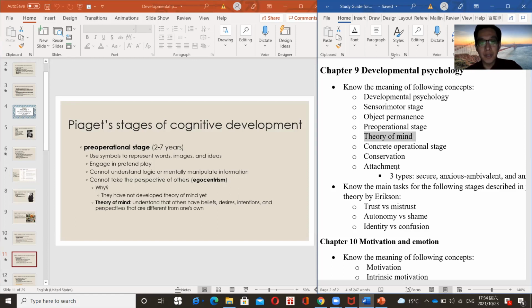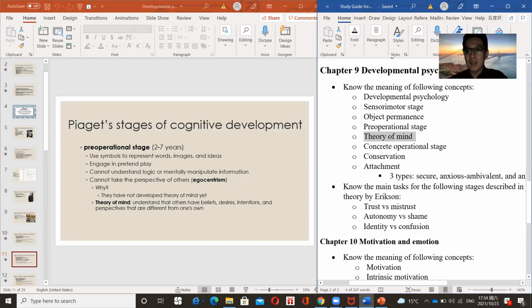But if the children do not understand theory of mind, they will believe that everyone has the same mind as theirs. So their beliefs, perspective, and intentions are the same as other people's. Everybody's mind is one. That is the result of children not understanding theory of mind.